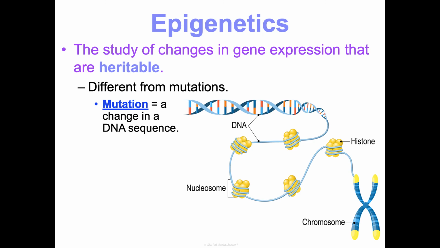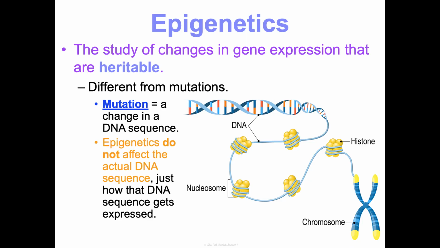So remember, we're talking a change in the A's and the T's and the C's and the G's from the original DNA sequence. This is different. Epigenetics is not affecting the actual DNA. It's not affecting the actual instructions. It's affecting how those instructions get expressed, how that DNA gets expressed. So if we're going to actually transcribe and translate those instructions.